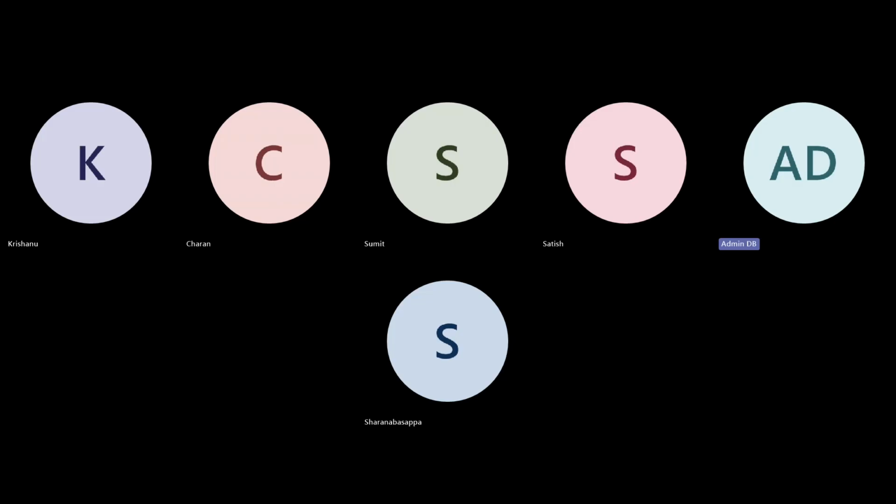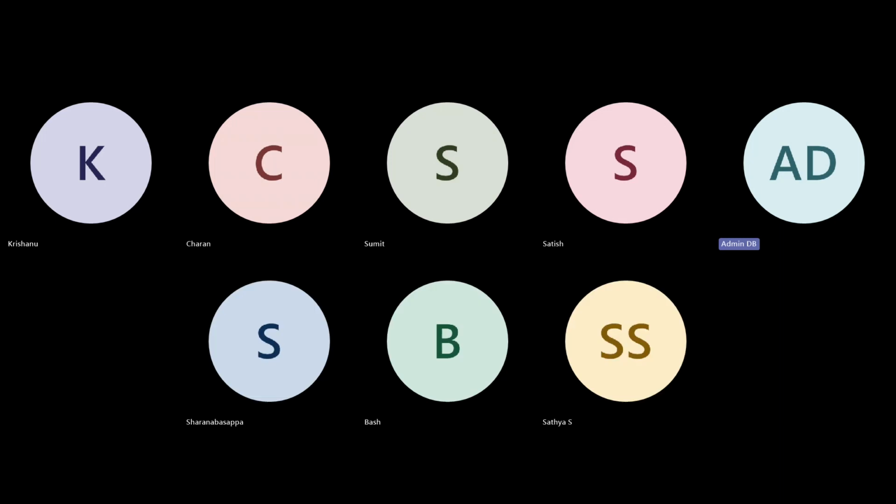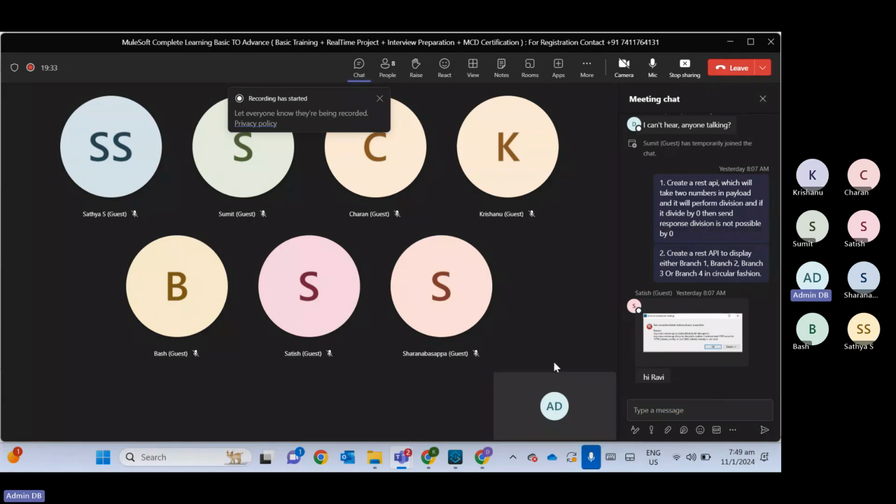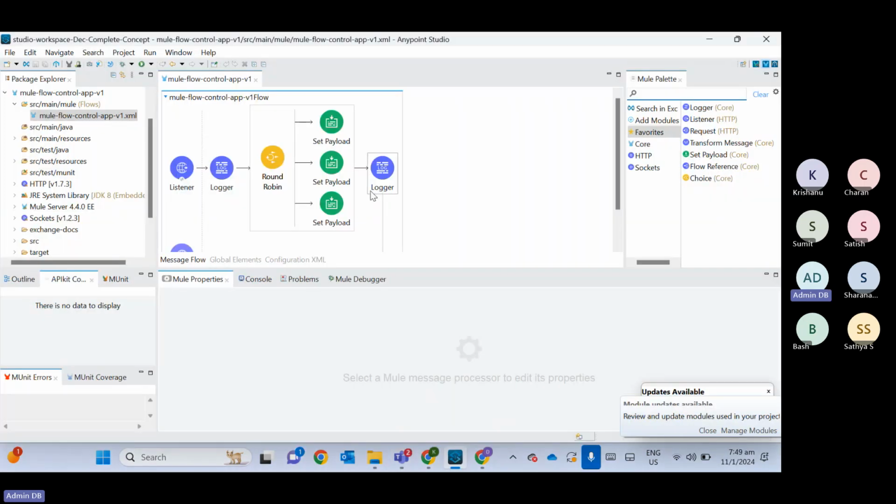Display either branch 1, 2, 3 or 4 in circular fashion. If you want to do anything in a circular way, then you need to use round robin. So here simply you need to put branch 1.